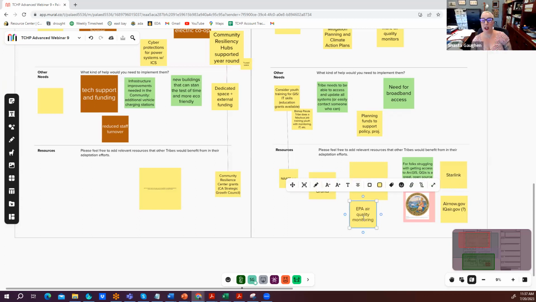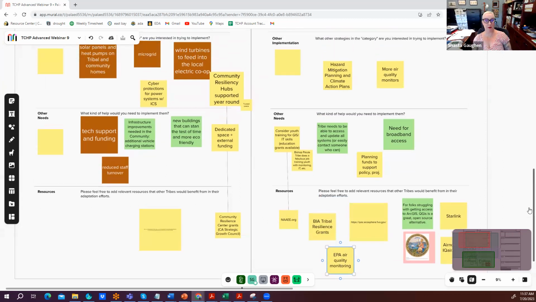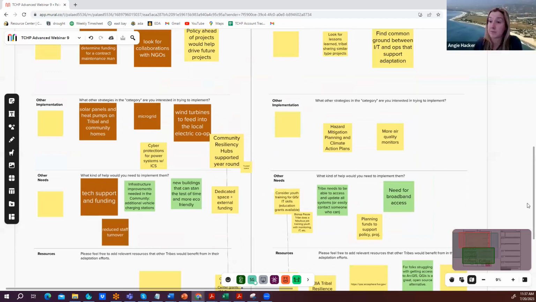My air quality guy right now is up on the La Jolla Reservation teaching the kids how to build your own air quality monitor, because he's a tech nerd and he figured out how to build his own monitor with parts that you can order off Amazon, and then develop a coding to have it show up on your website. So we are working on all that here at Pala as well.